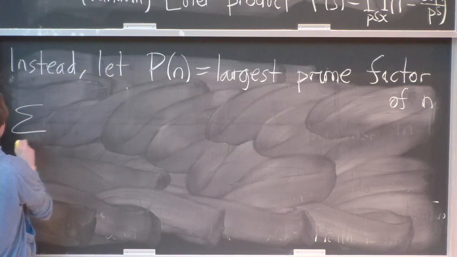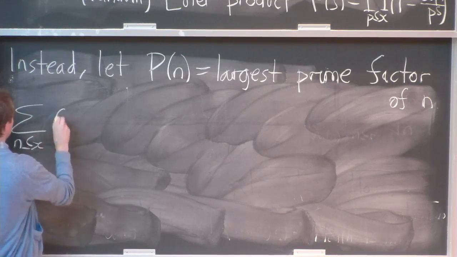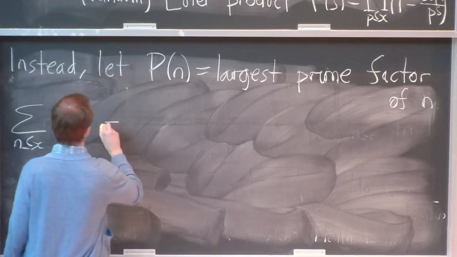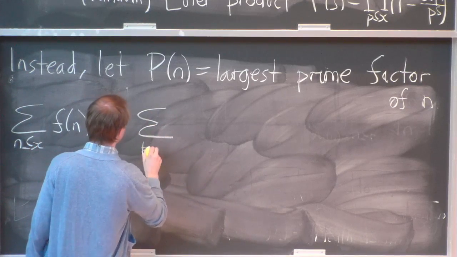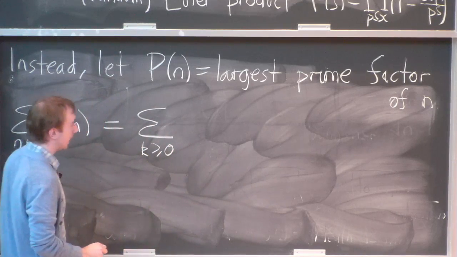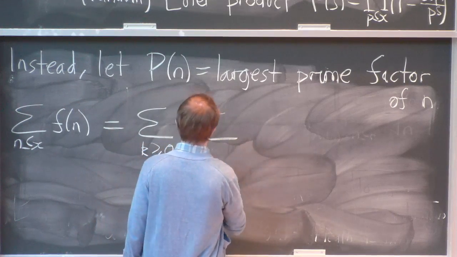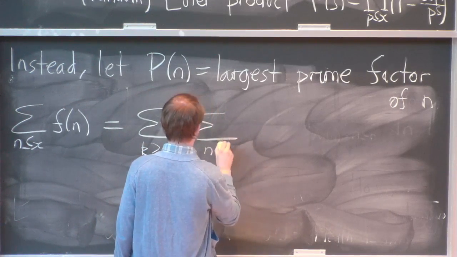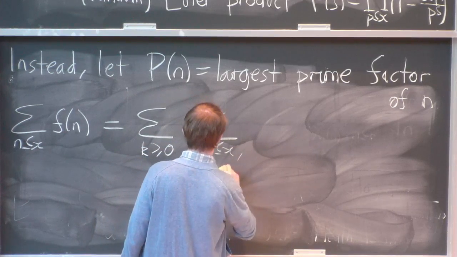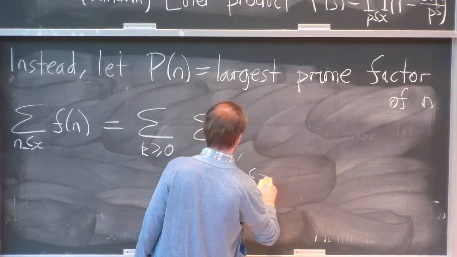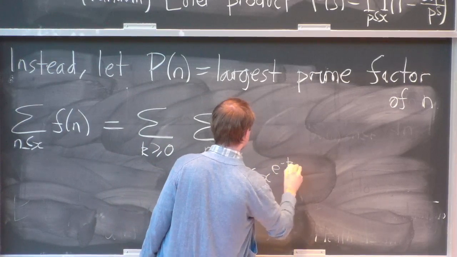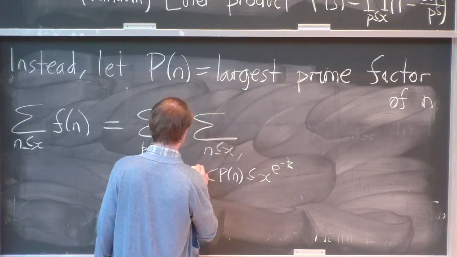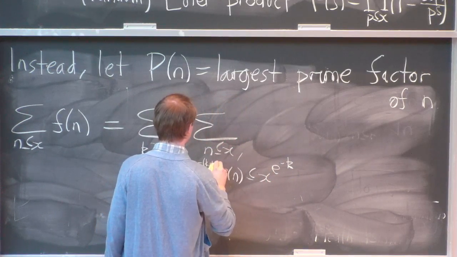And what I could do is decompose my sum according to the size of P of n. So I'm going to split it up to the numbers n where P of n is at most x e to the minus k, and at least x e to the minus k plus 1.